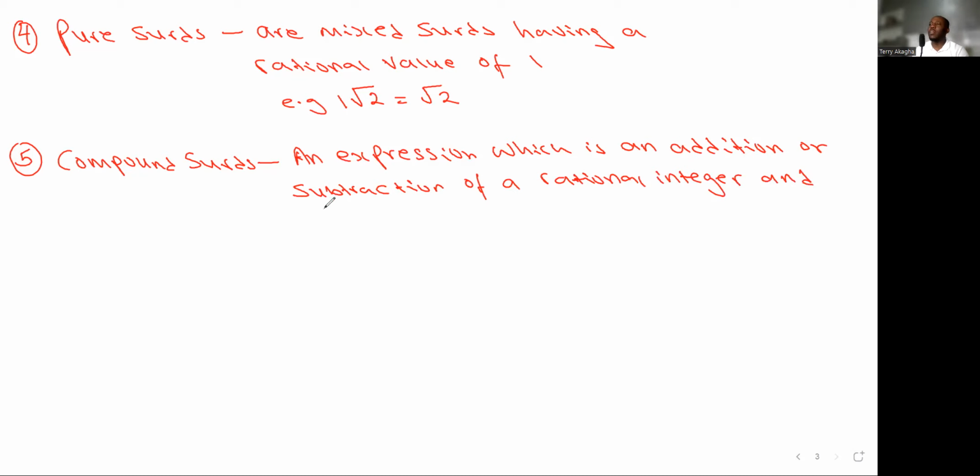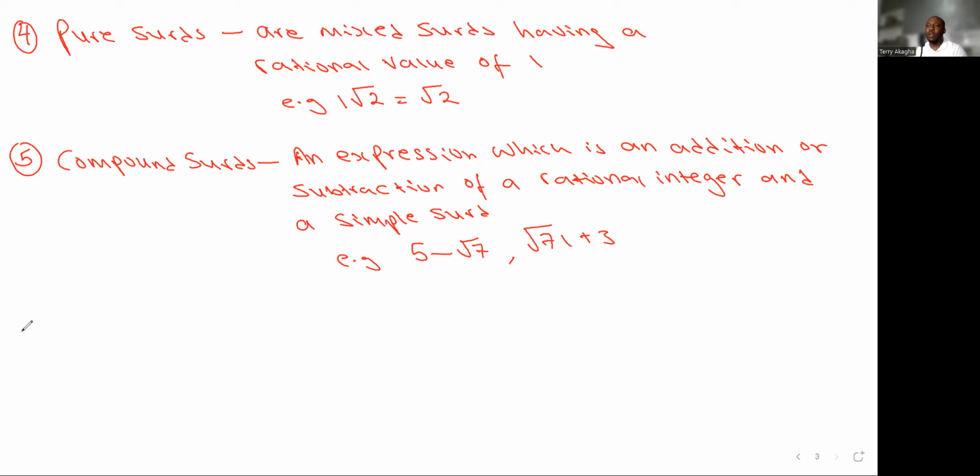All right? So this is the difference. For example, let's say we have something like 5 minus root 7. This is what we call a compound surd, or we have root 7 plus 3. This is a compound surd. So basically, it's an expression where you're adding or subtracting a rational integer and a simple surd.